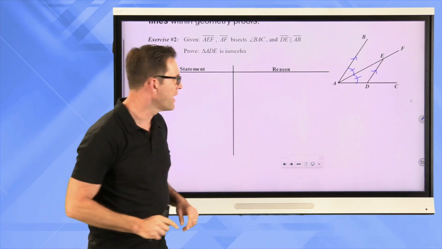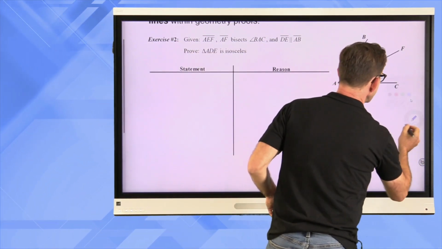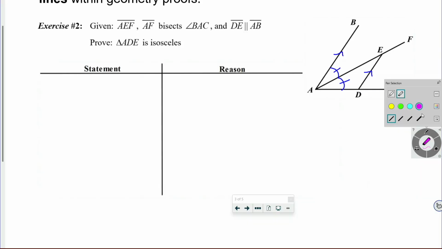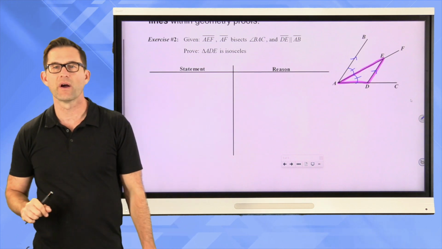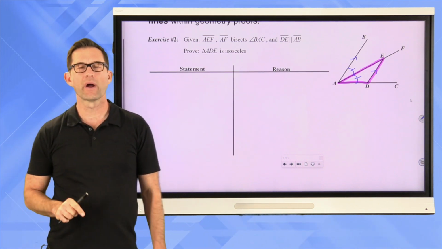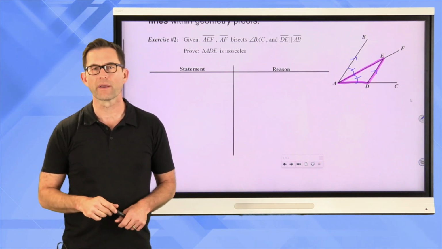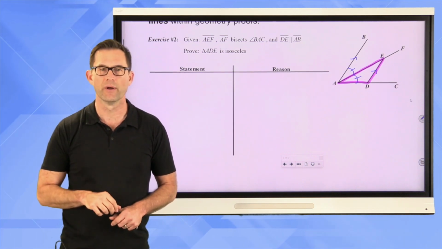But keep in mind what I'm trying to do, and let me outline it using a highlighter: I'd really like to prove that that is an isosceles triangle. Now, an isosceles triangle, by definition, is a triangle that has two sides that are congruent.